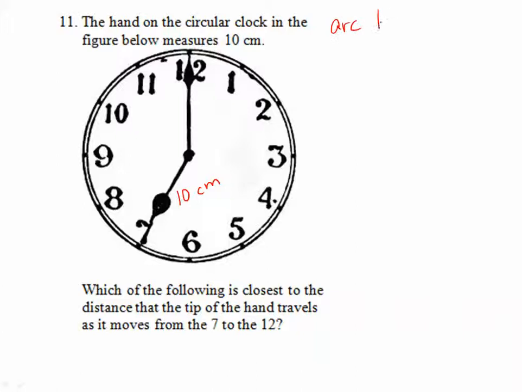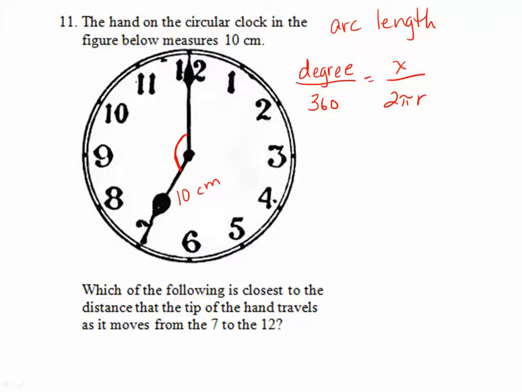travels. That's arc length. So our formula for arc length is degree of our arc or angle over 360 equals x or arc length over circumference, which is 2 pi r. So I need to know the degree of this right here.